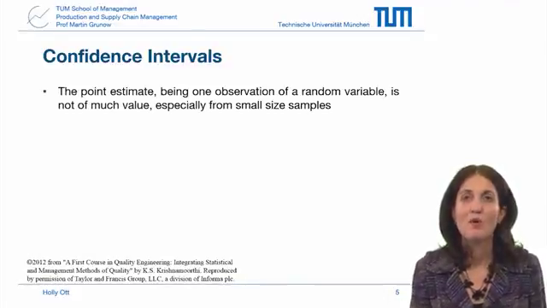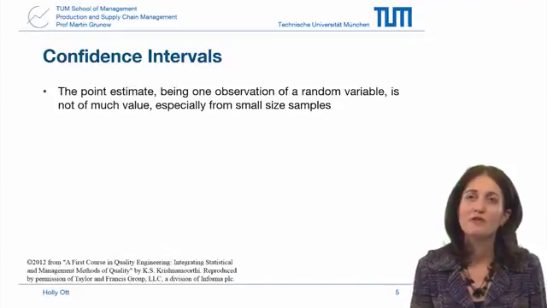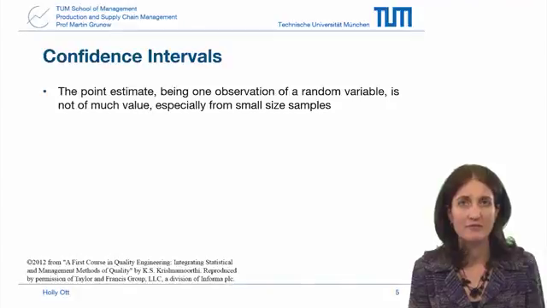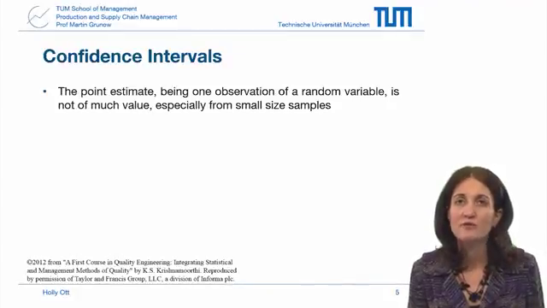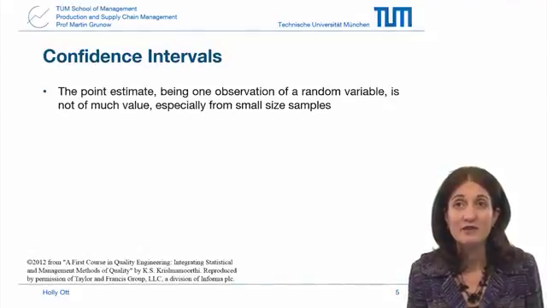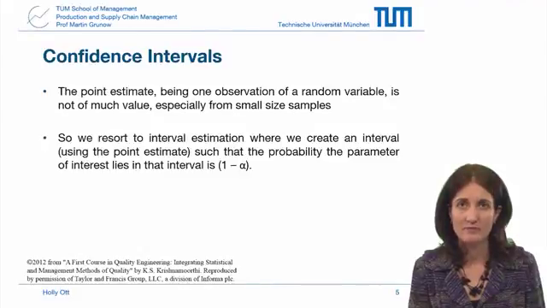The point estimate, especially from a small sample, is just one observation of a random variable. Its value will vary from sample to sample, and we cannot trust this individual value to be the true value of the population parameter.